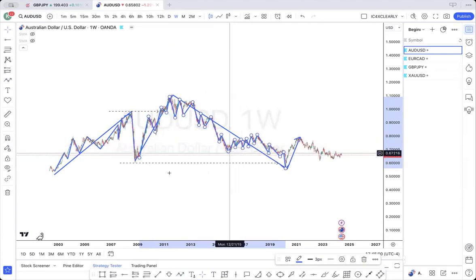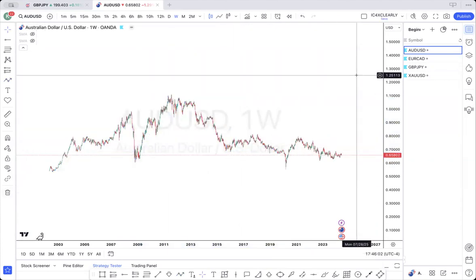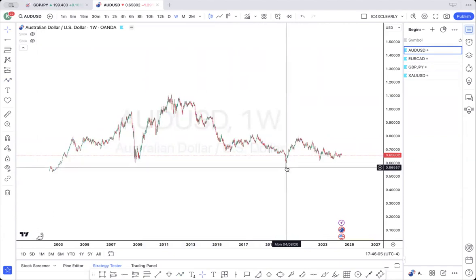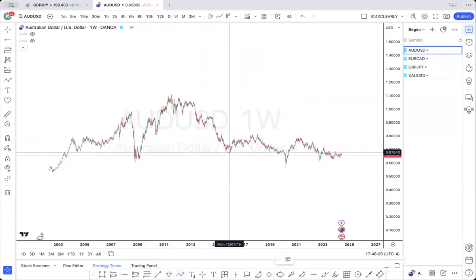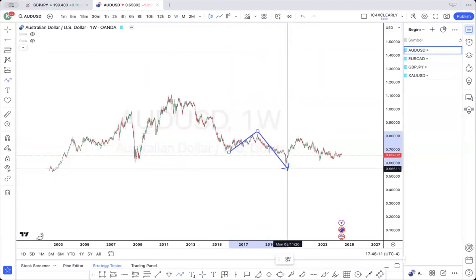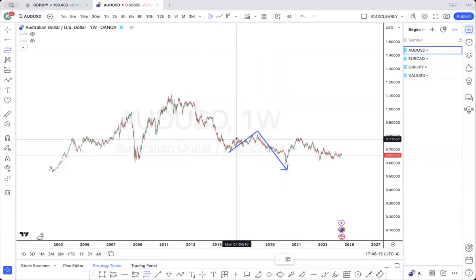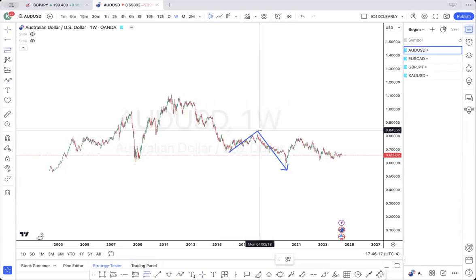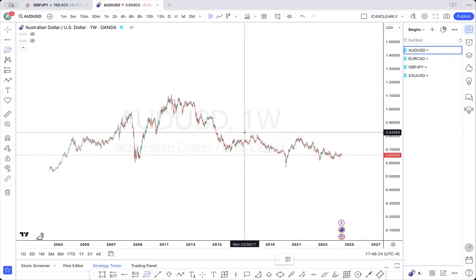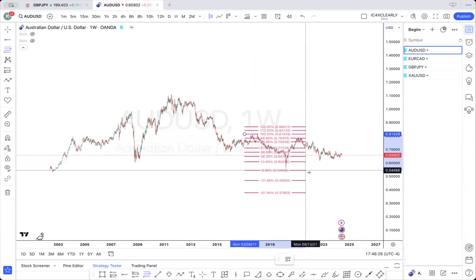As of right now, I'm going to delete all that. We said this was our low, so currently this is our last swing right here. That means price can come anywhere between here and here.